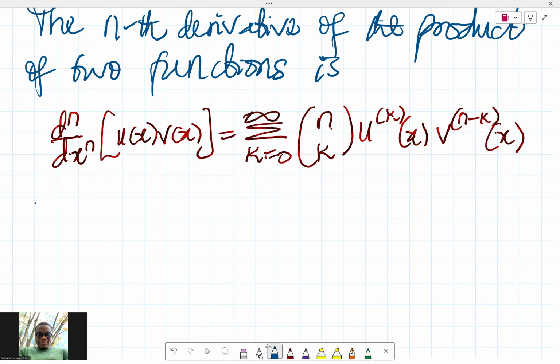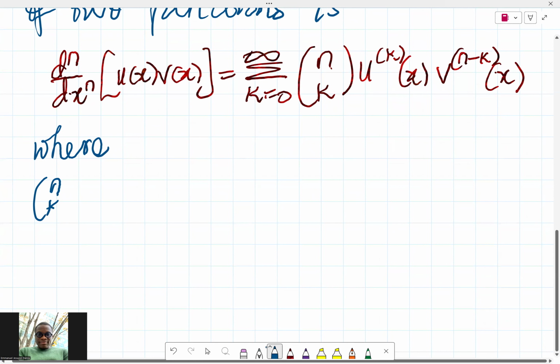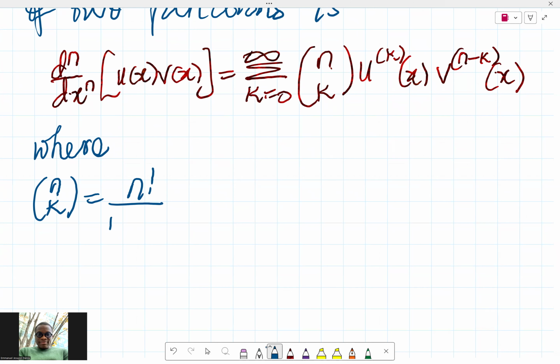But of course, like we always like to do, you need to know the component parts. This is not new. N combination k is the same thing as n factorial over k factorial times n minus k factorial, and that is the binomial coefficient.